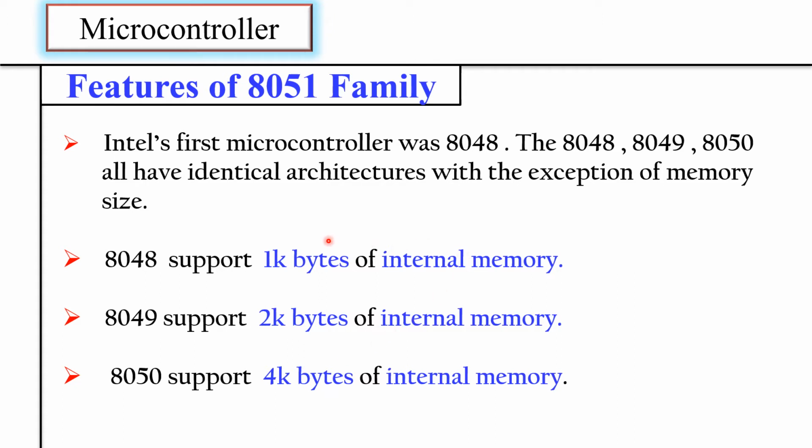So let us have a look at it one by one. Intel's first microcontroller was 8048. The 8048, 8049 and 8050 all have identical architecture with the exception of memory size. 8048 supports 1 kilobyte of internal memory, 8049 supports 2 kilobytes of internal memory, and 8050 supports 4 kilobytes of internal memory.